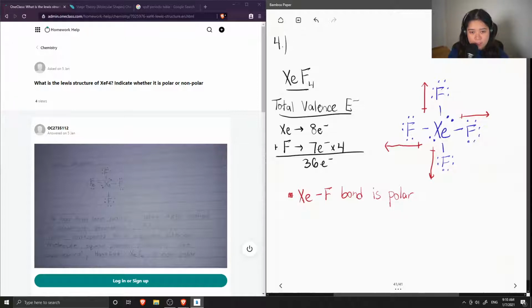But since this molecule is symmetrical, all of the dipole moments cancel each other out. So the xenon tetrafluoride molecule as a whole is nonpolar.